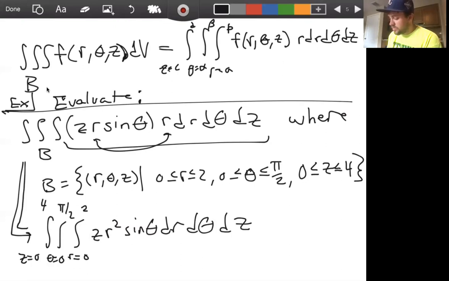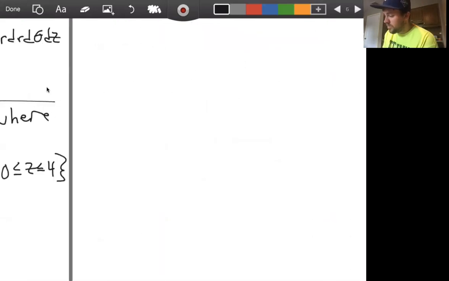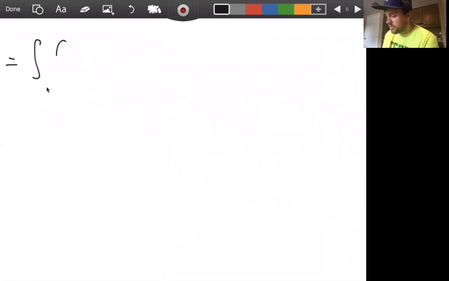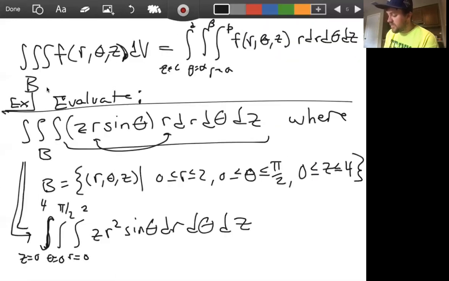And so I'm going to go through this two ways. The first way is just our standard integration. When we integrate with respect to r, we'll get one third r cubed. So the triple integral becomes one third r cubed z sine theta, because with respect to the variable r, z and theta are constants.